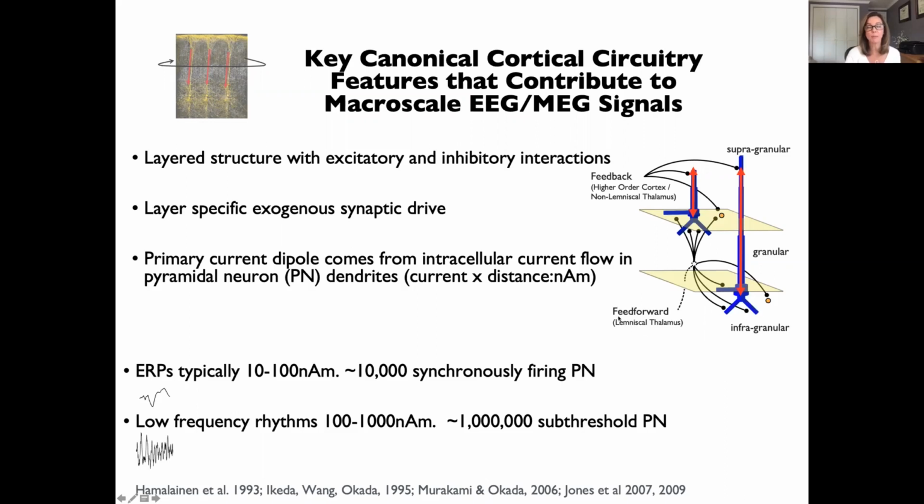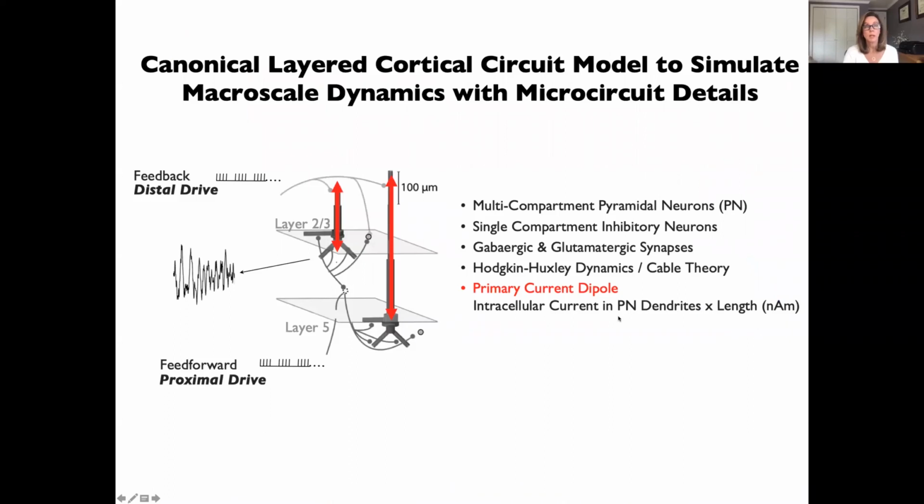And next I want to briefly give you some more of the model detail. So we simulate the pyramidal neurons in this model with multiple compartments. And we have single compartment inhibitory neurons, and they're synaptically coupled to each other through both GABAergic and glutamatergic synapses.